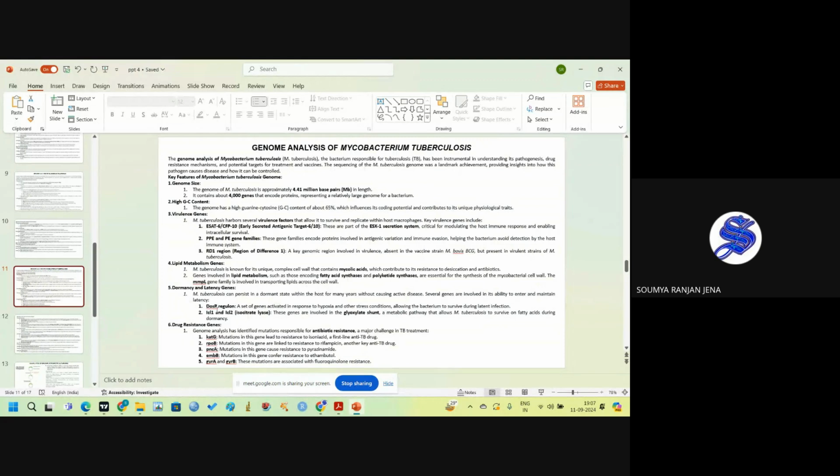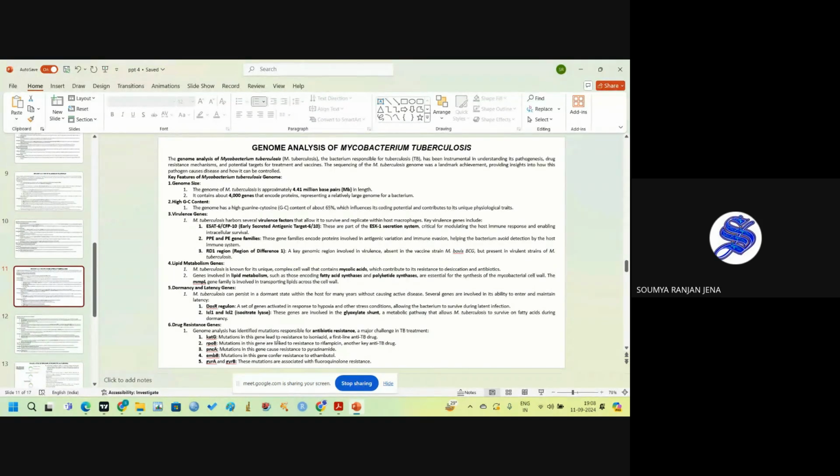And this genome analysis also provides the genes for dormancy and latency of Mycobacterium tuberculosis, that is the DosR regulon or Lat, Icl1 and Icl2. And there are drug resistance genes, like antibiotic resistance genes, that is katG.